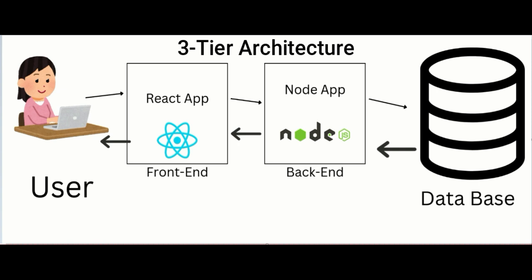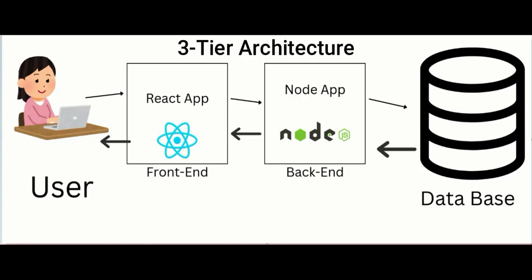This flow creates distinct layers: the first layer, second layer, and third layer. These three layers are called as follows. The front end layer is called the presentation layer, which is shown on the user interface and is what the user interacts with.